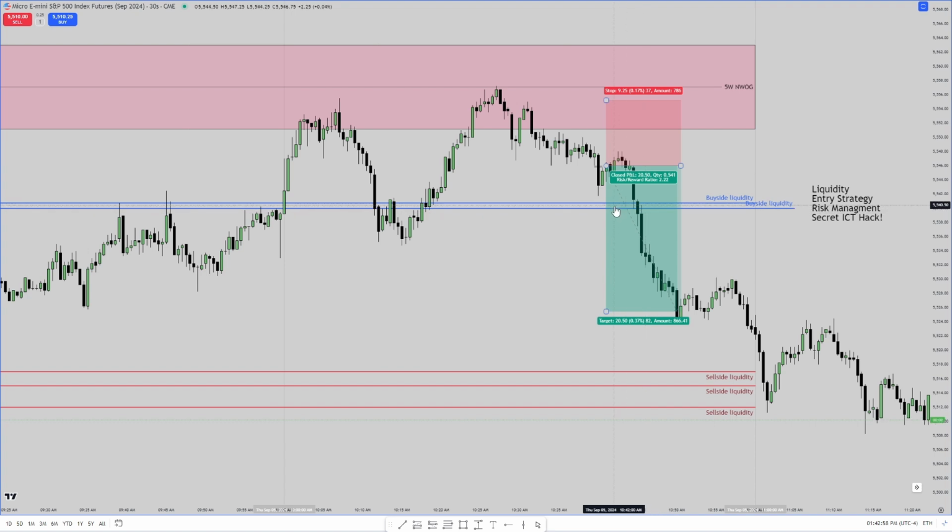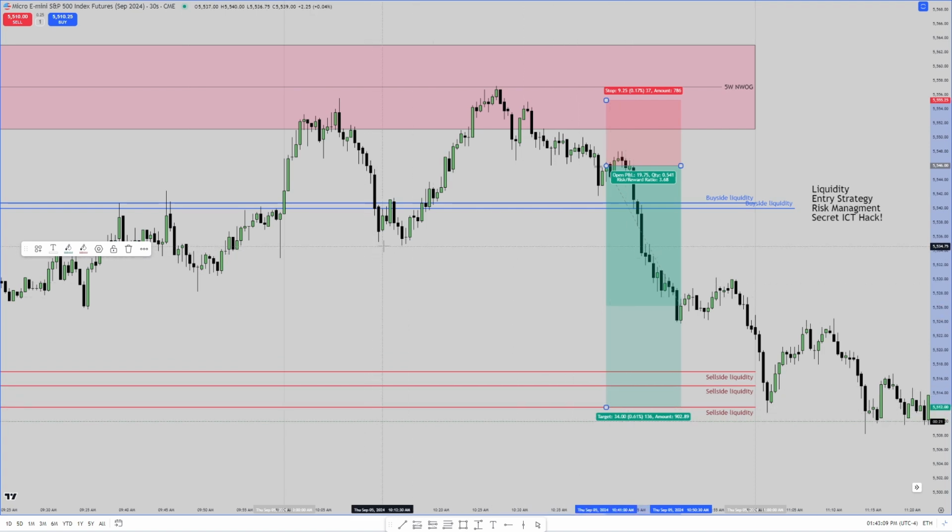But let's say that I have 3 contracts, and my ultimate goal is for it to hit this sell side liquidity right here. I would take a partial. I would take 1 contract off right here below that low. I would take 1 partial probably below this low right there.